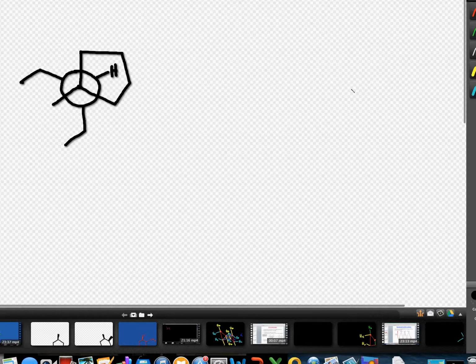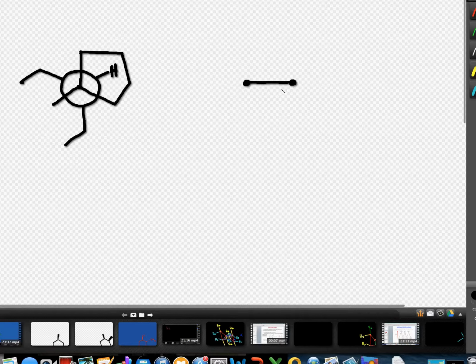Now they're kind of taking it easy on us because they're not asking us to do stereochemistry. That's something that we'll see very soon. So we have two carbons, and we're looking down the axis of this sigma bond. So I think that would be a very good place for us to start. Carbon in the front, carbon in the back.